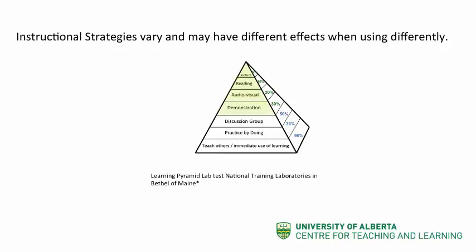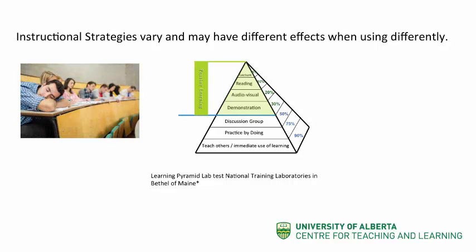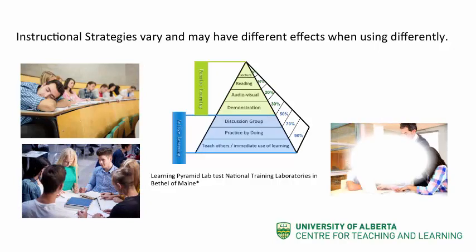As you can see, those with low retention are rather passive and result in students not feeling connected to the material and detached from the learning process. The lower three, group discussion, activities that practice while doing and teaching others, are what we would call active learning and promote greater retention of the material. They also promote greater student engagement.